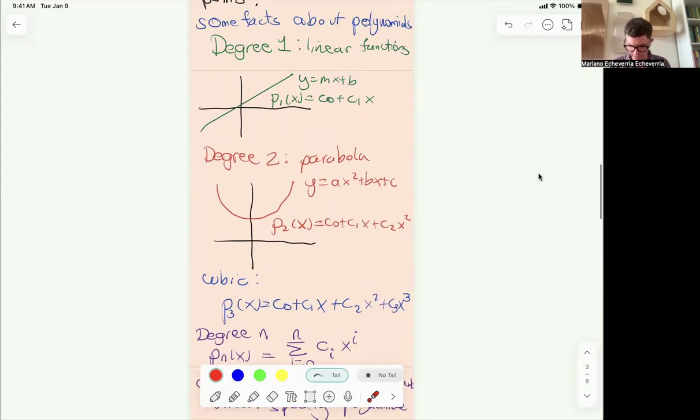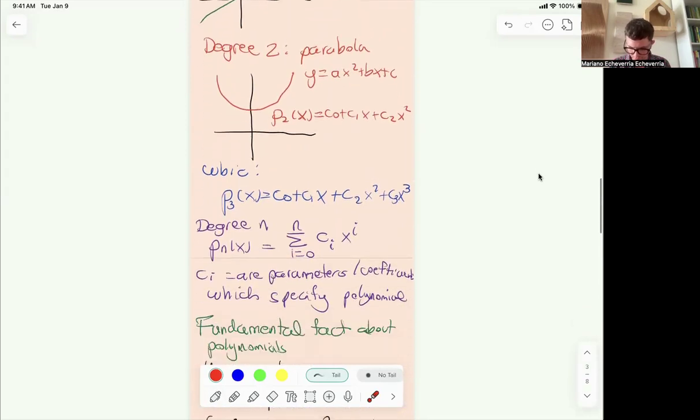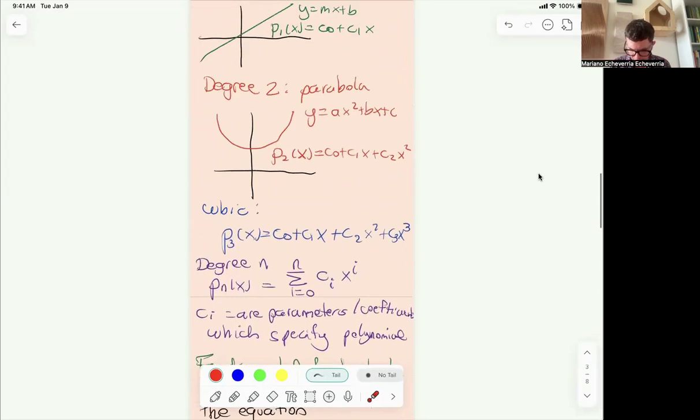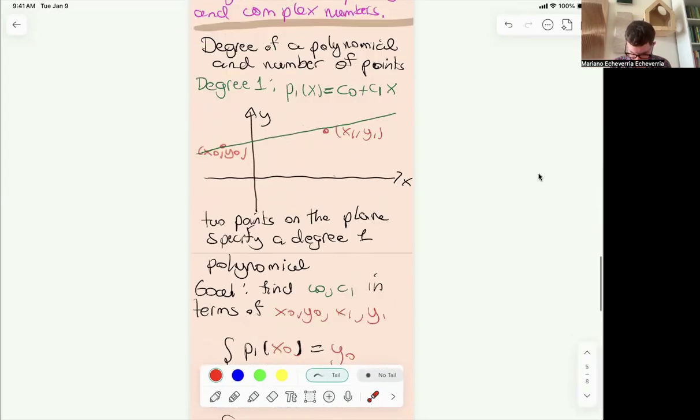And so, for example, in the case of a parabola, let me do the parabola as well.